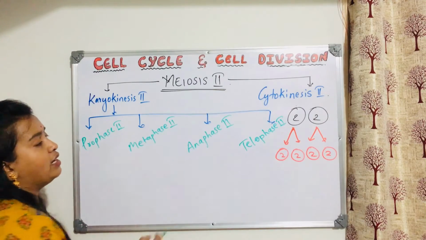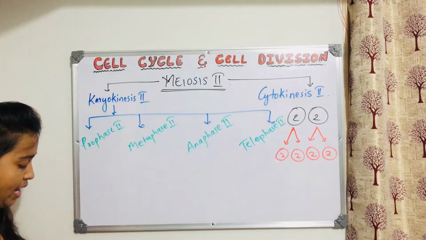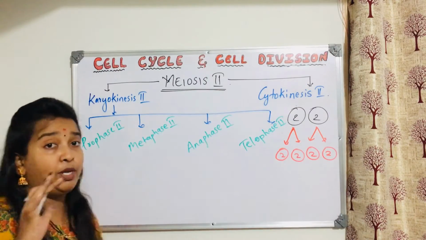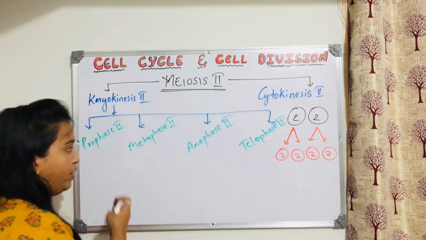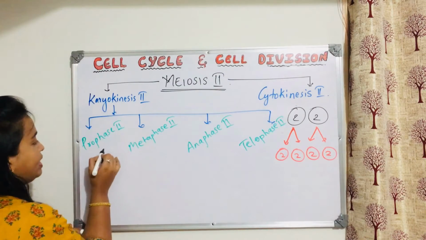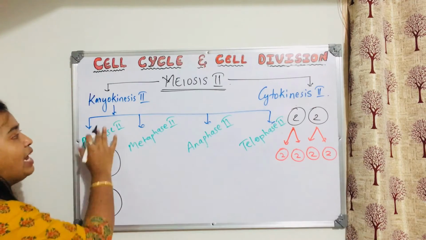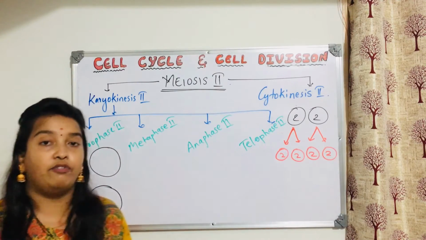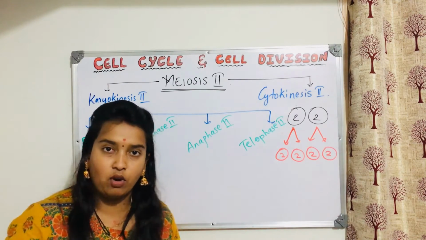See here, these two cells I'm going to draw. In prophase, what will happen? Because we have completed meiosis 1, we start meiosis 2 with how many cells? 2 cells, right? So what will happen in prophase? Again, the 4 important key points I have told will remain the same here also.